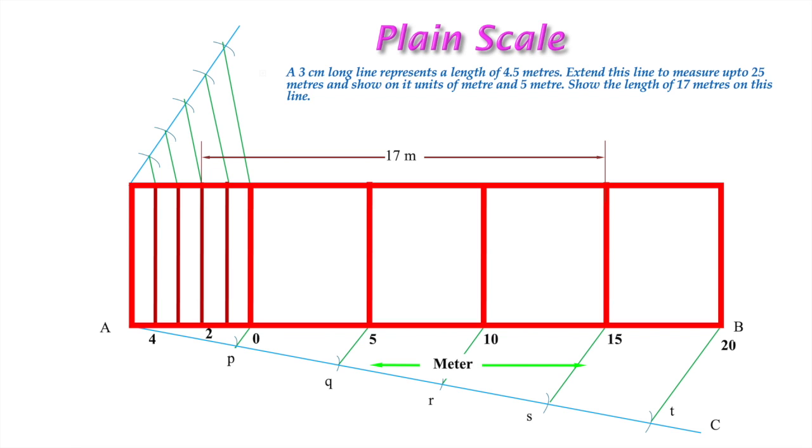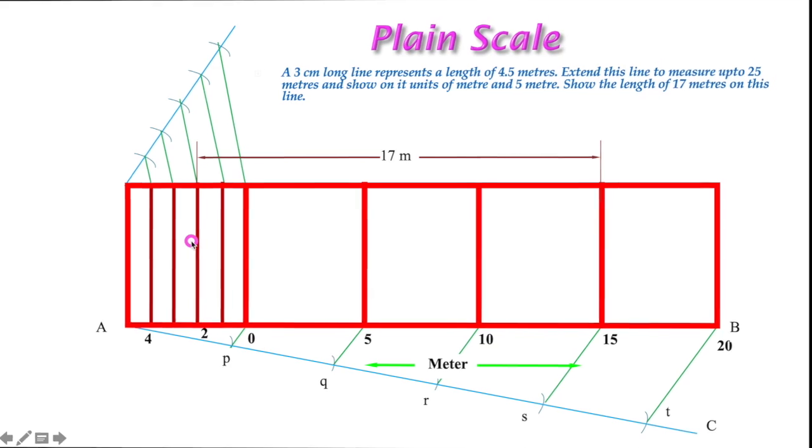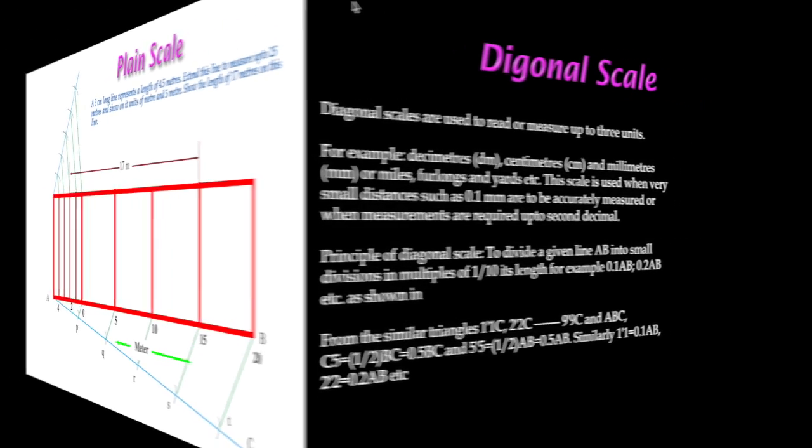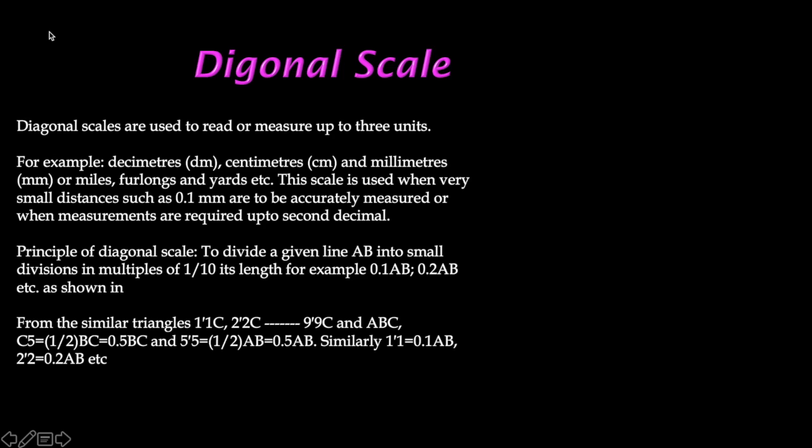So what is a plain scale? Only two different types of divisions are there: this big division, and the other is the small division. To show three different measurements of line segments, we are using a diagonal scale.